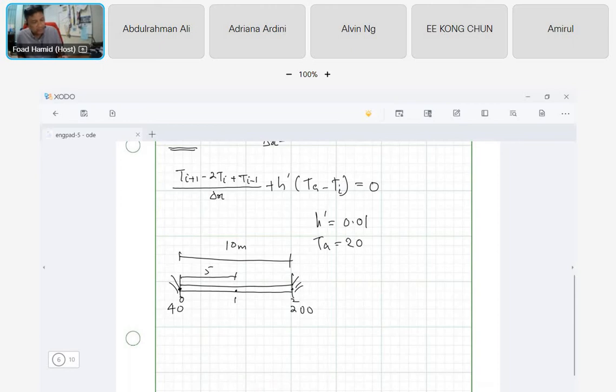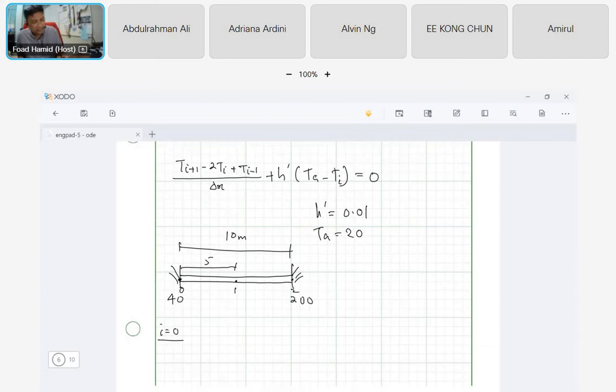If I substitute this number, and when i equals 0, what I can see here is, oh, sorry, this is wrong. This should be node number 1, node number 2, node number 3.